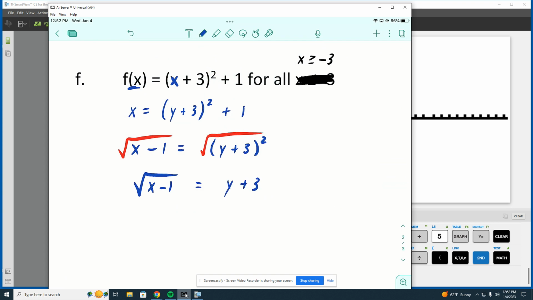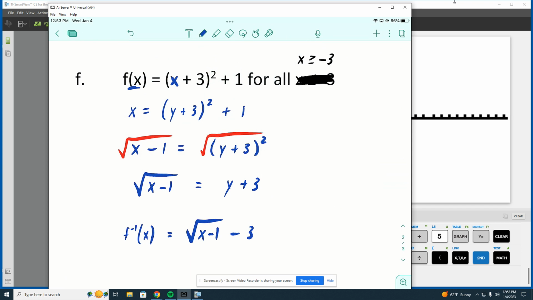Last step, will that minus 3 go under the radical or no? It will not. The x minus 1 is under there. The minus 3 is not. Now remember, if my original function was f of x, since this is my inverse, what do I call it? f of negative 1 x. Very good.